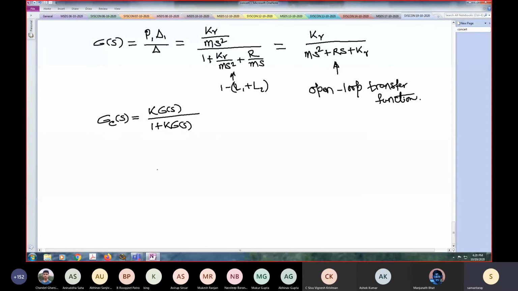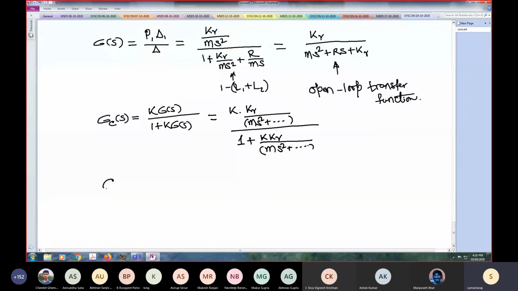So how much does it come? K times Kr by ms square plus dot dot dot, by 1 plus K Kr by ms square plus dot dot dot.